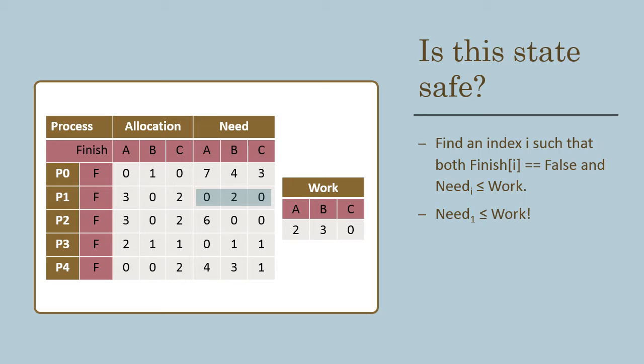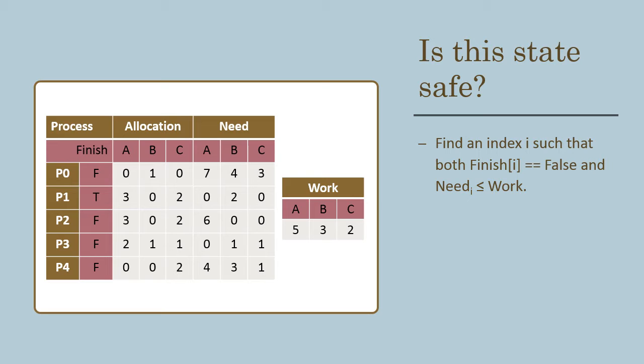Need 1 is 020 and work is 230. The condition is fulfilled, so work should be work plus allocation 1. Work is 230. Allocation 1 is 302. So the new work will be 532. Then finish 1 is true.